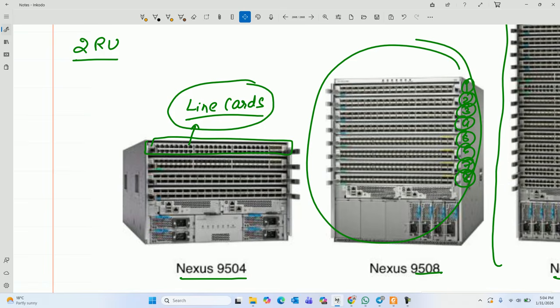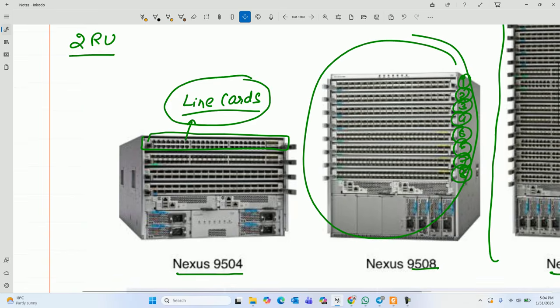So the fabric modules in Cisco Nexus switches act as the central high-speed switching backplane, interconnecting line cards for data forwarding. Because you install these line cards into the chassis, but who will hold them together and how will the data be forwarded among them? That's possible because of the fabric modules.